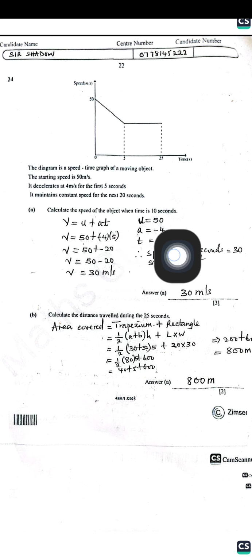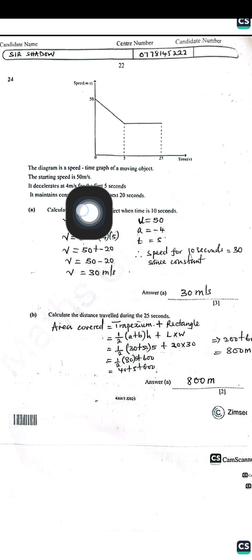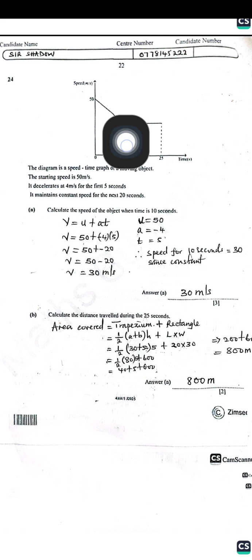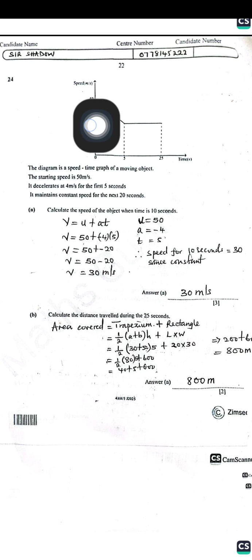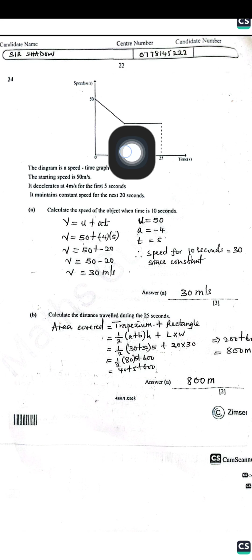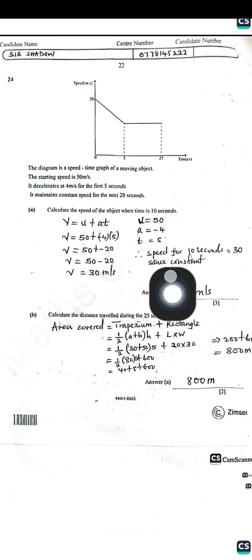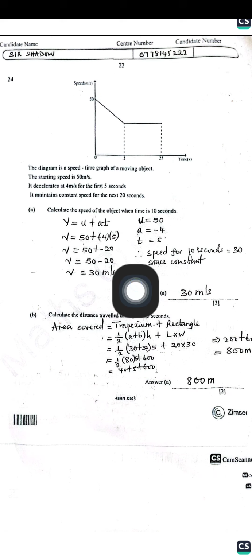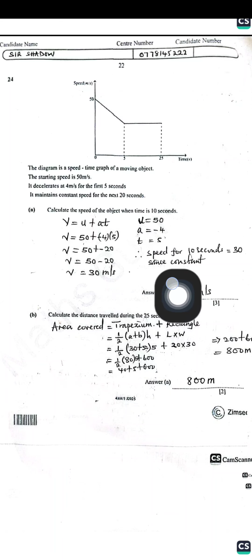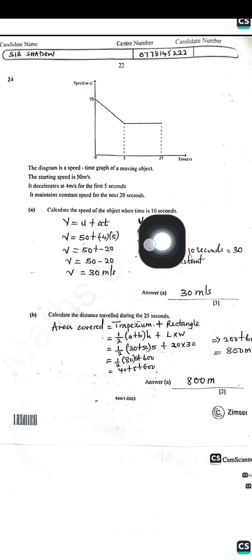The car is reducing its speed, maybe on a slope. So a is equal to -4.